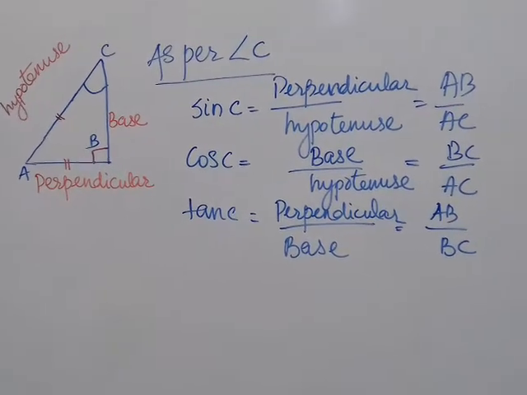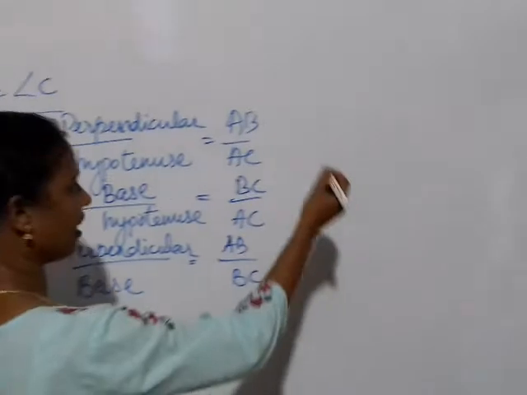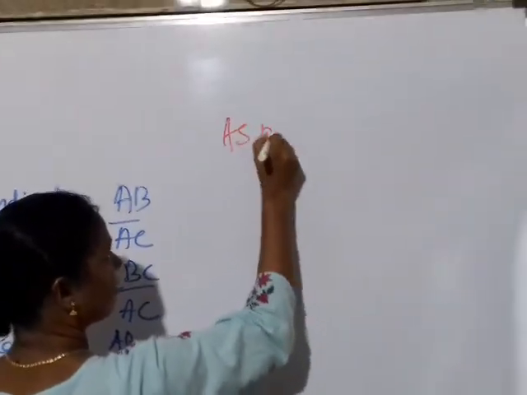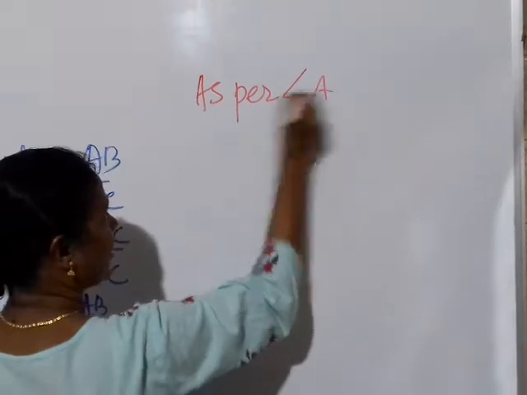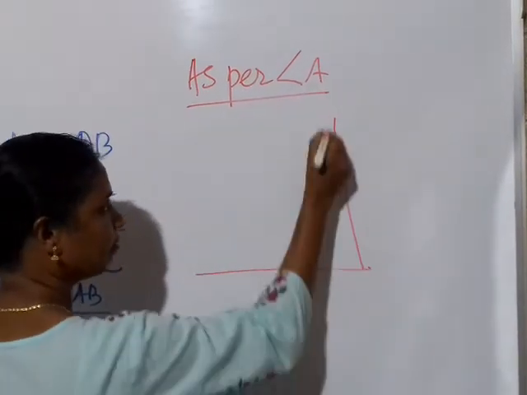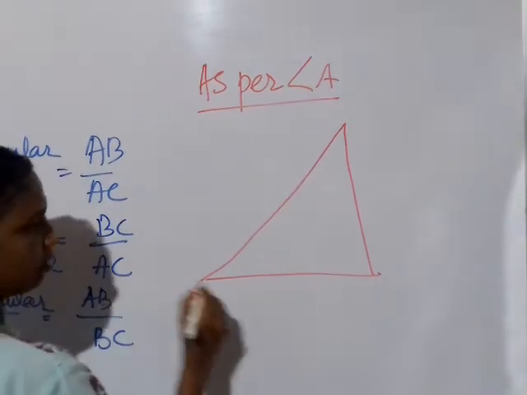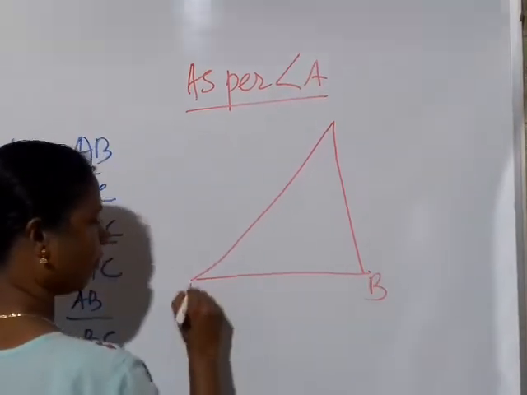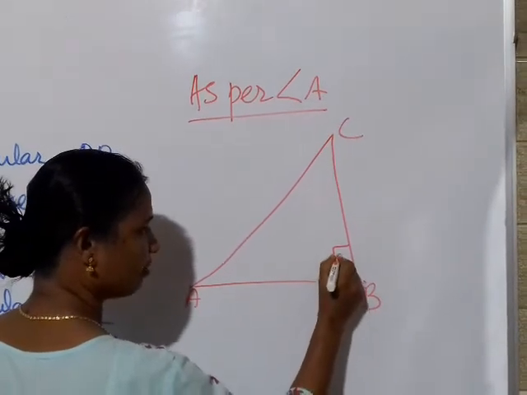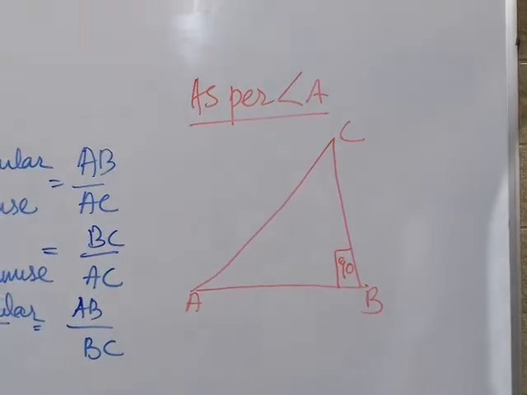First I am going to teach you with the angle A, that is as per angle A. So I am drawing the triangle here. This is A, B, C. B is the right angle, 90 degree. Okay.